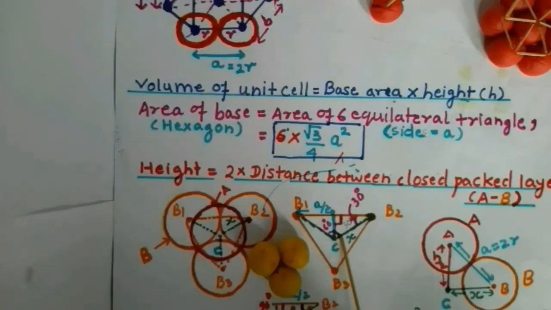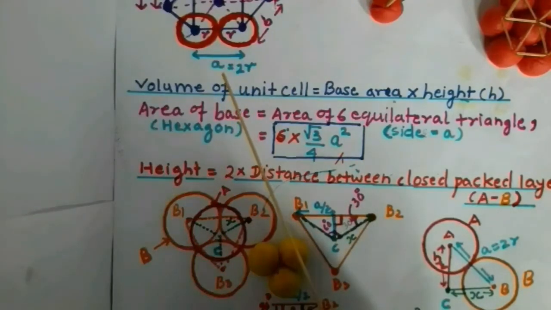If we drop a perpendicular from C on this base, it will bisect this base of the triangle, which is equal to A. If we join the centers of these two balls, these two balls touch each other, and the distance between these two centers will be equal to edge length A. Here it is A.